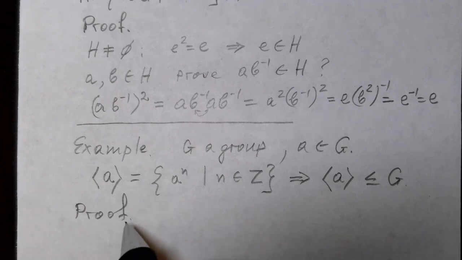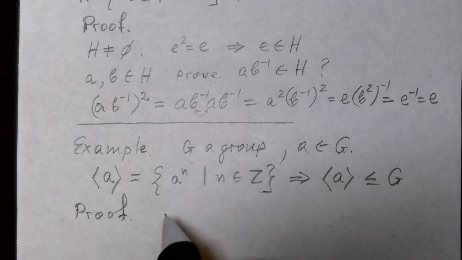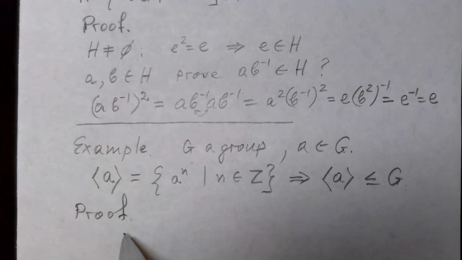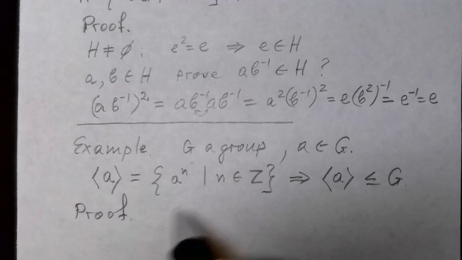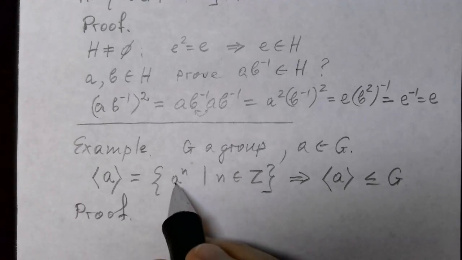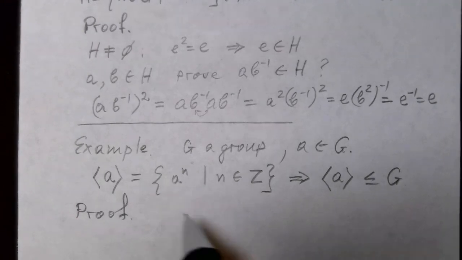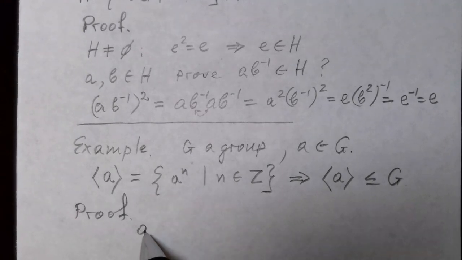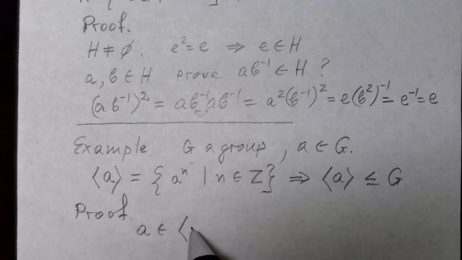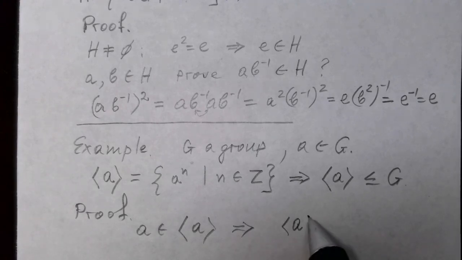We'll use the two-step subgroup test. First, when n is 1, we obtain A. So A belongs to this set, which means that this set is not empty.